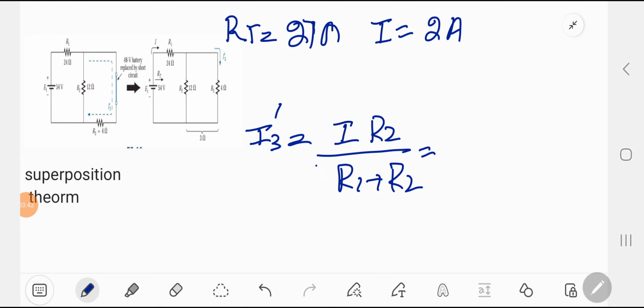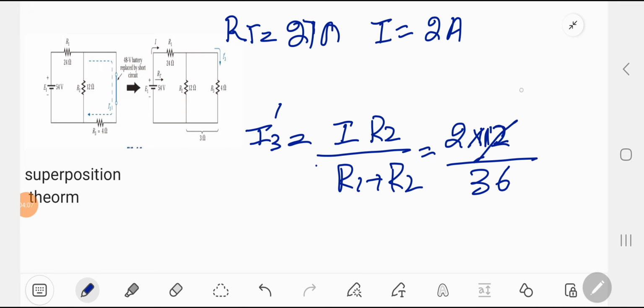So total current is 2 ampere, and R2 resistance is actually 12 ohm, R1 plus R2, which is actually equal to 36.